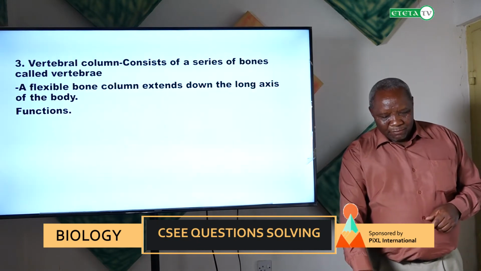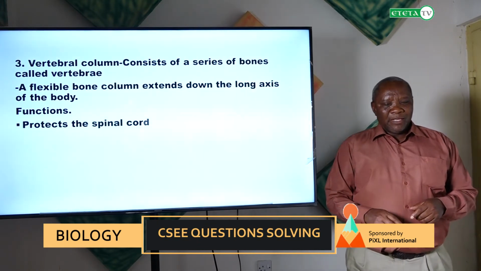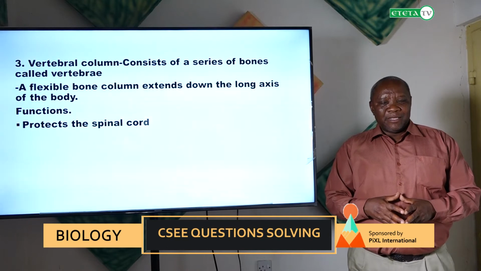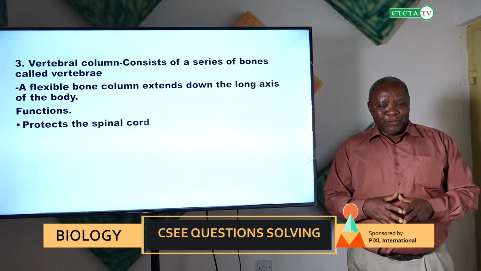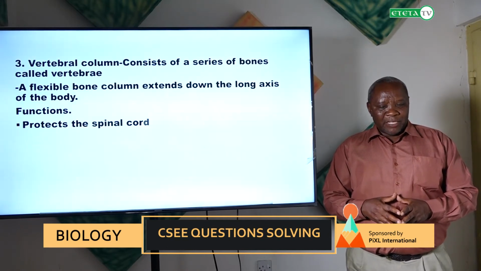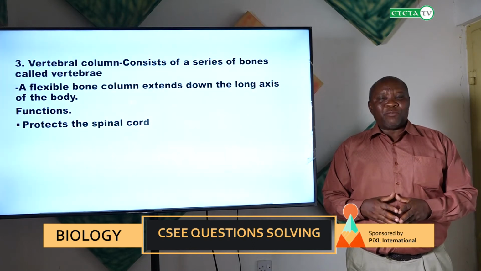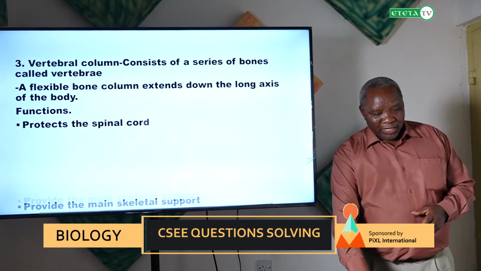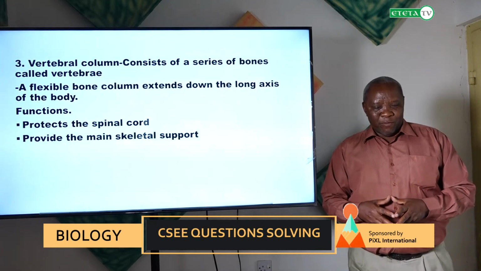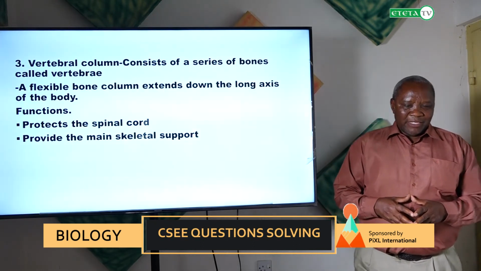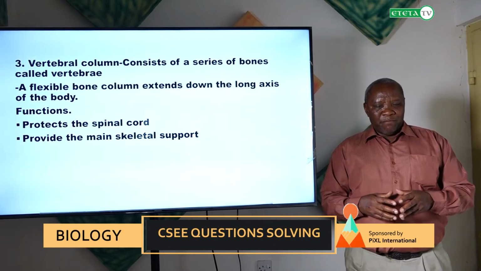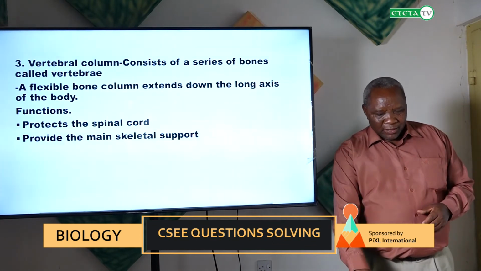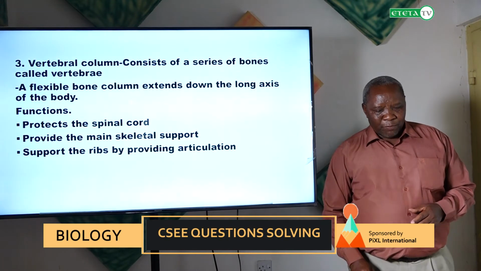What are the major functions of this part of the axial skeleton? One, it protects the spinal cord, which is a delicate part of our body. Also, it provides the main skeletal support.